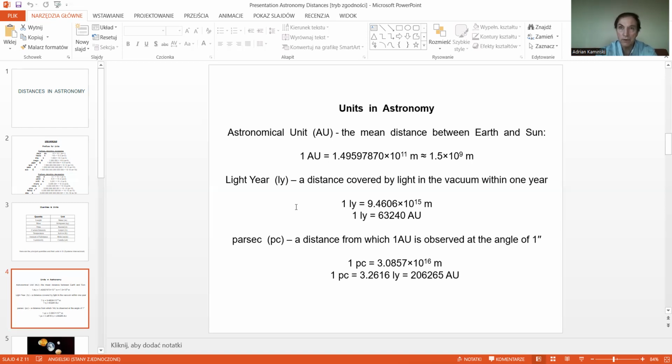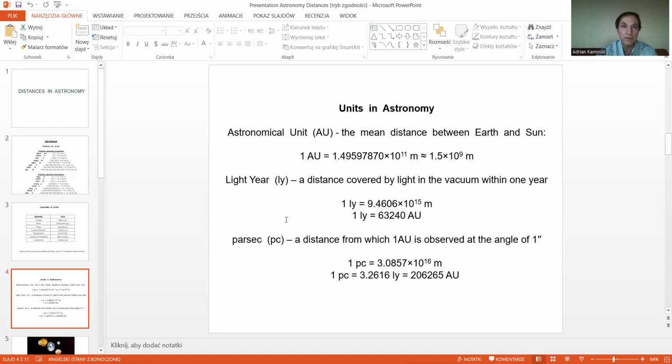If you would like to know what distance is covered in 1 year to get the light year, you have to multiply the 3 times 10 to the 8 meters times 60 at first, because 1 minute has 60 seconds.